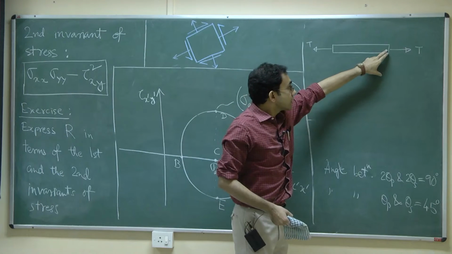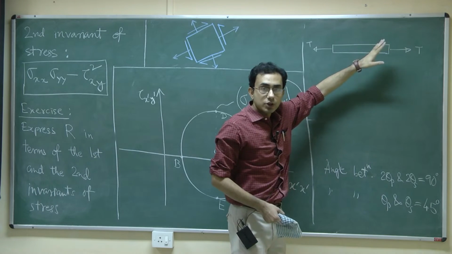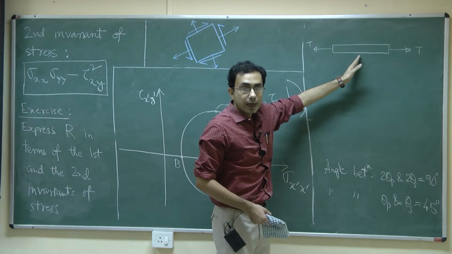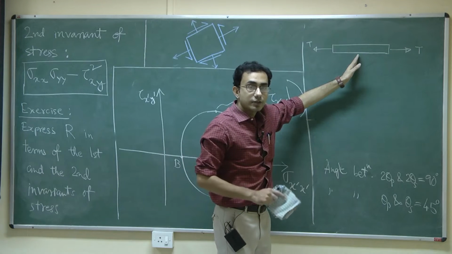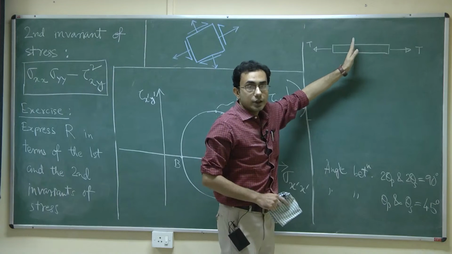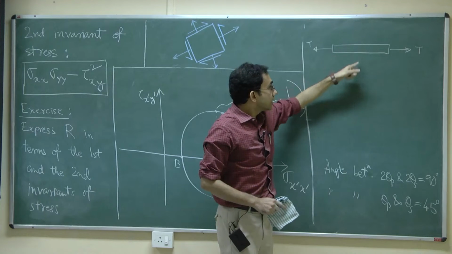If we focus our attention very close to this thing, there is a certain distribution of stresses which is quite complicated to find out, but if we move a little bit away from that end, more or less in a very practical engineering sense, we can say that more or less a uniform state of normal stress will appear here.